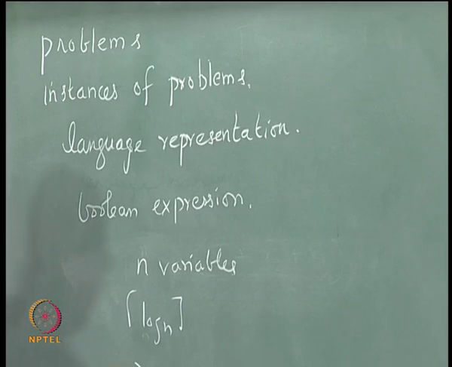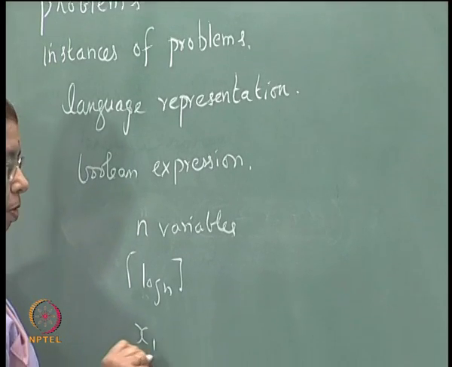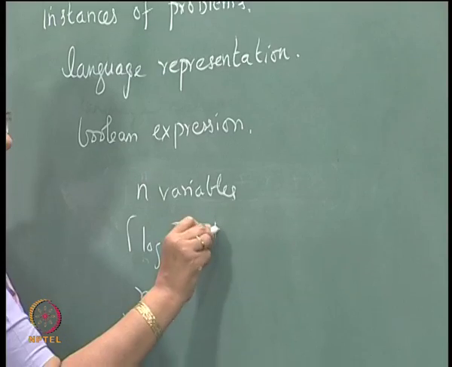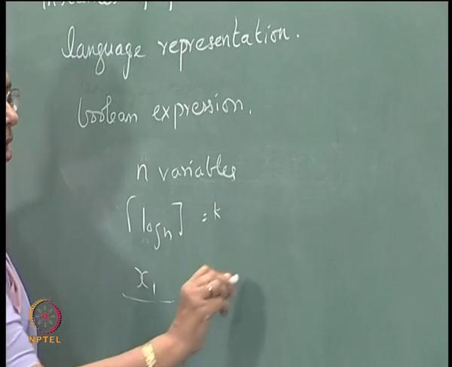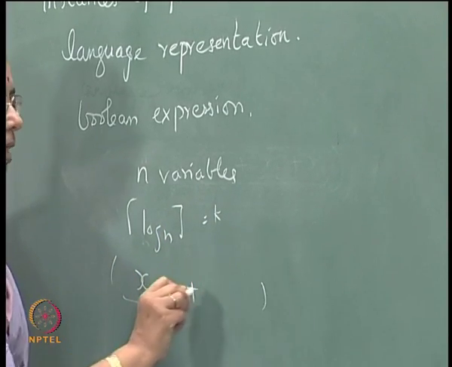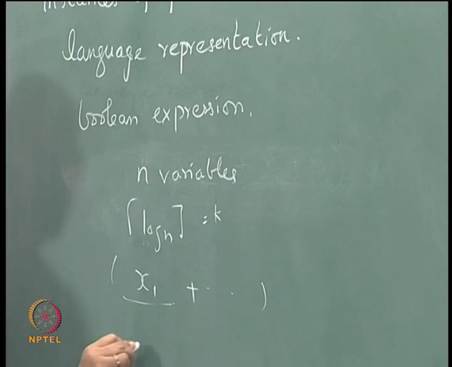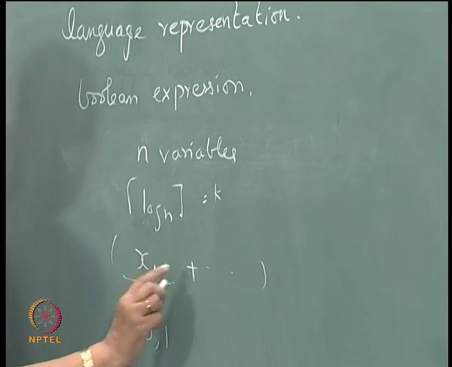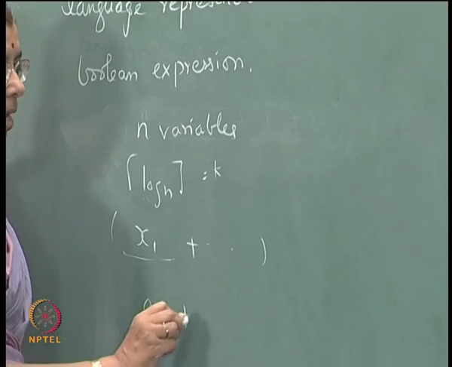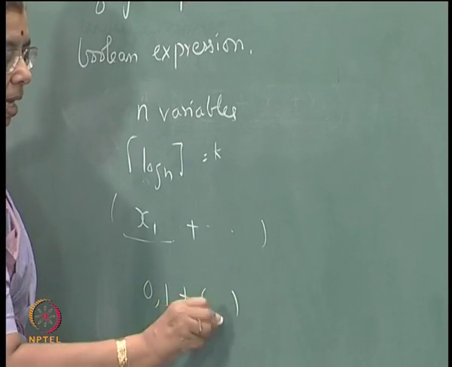So, one variable you can represent using some k bits, and then you can use brackets, and like that you can use the symbols 0 1 for representing this plus symbol, then parenthesis and so on.